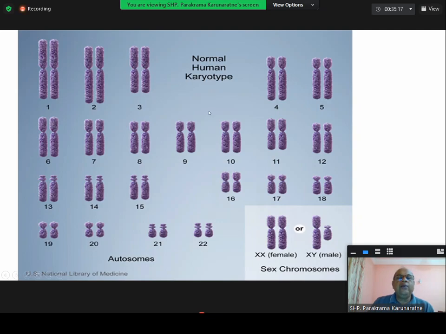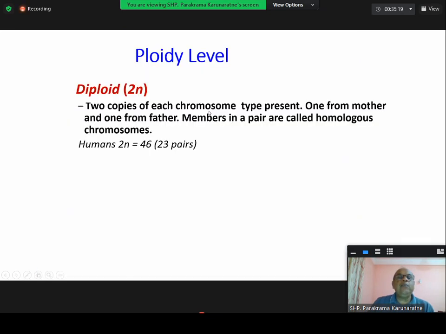Okay, we go and see the ploidy level. Ploidy refers to the number of sets of chromosomes.